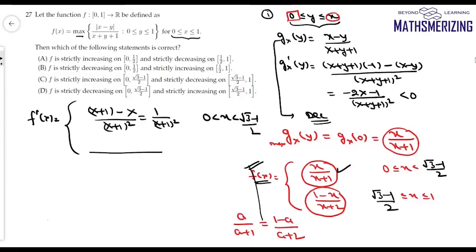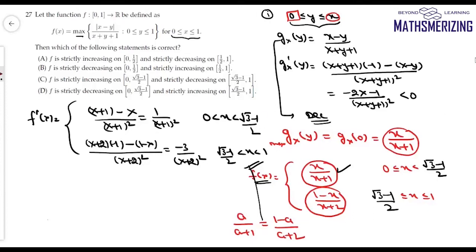And if I differentiate the other one, I'll write (x plus 2) into minus 1, and then minus (1 minus x), which is minus 3 upon (x plus 2) whole square when x lies between (root 3 minus 1) upon 2 and 1.